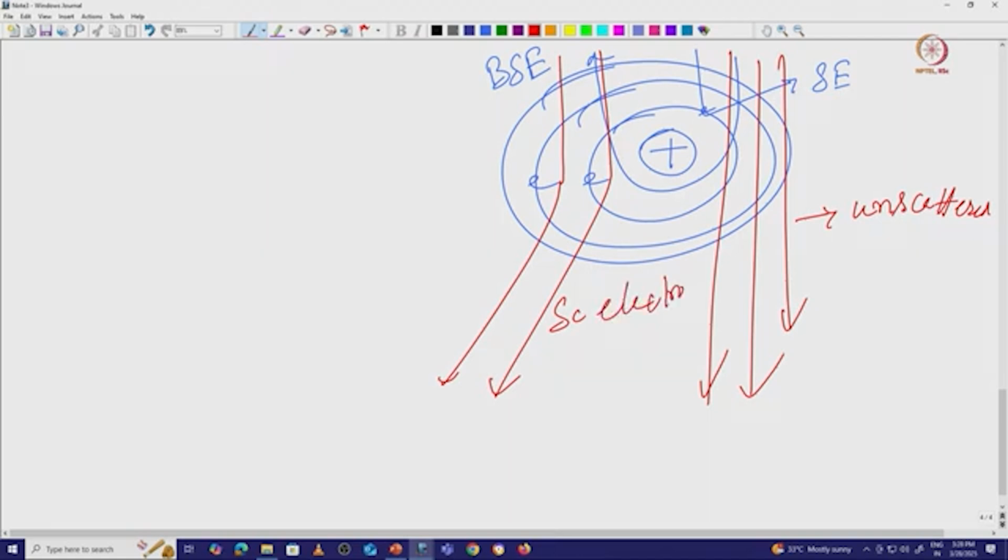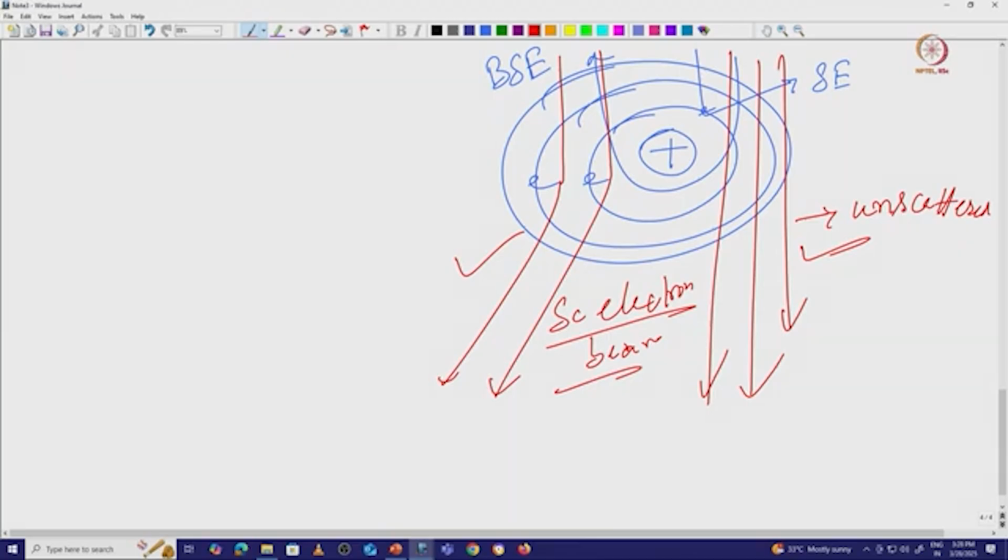Whenever we are getting an image, we are considering the unscattered electron beam and the scattered electron beam. When you have a heavy atom, we can get more scattered electrons, and that is good for our signal. We will get a very good image and the contrast will be much better. But when our atoms are very light and there is scattering, the scattered electron beam is very nominal, so that will give very low contrast.